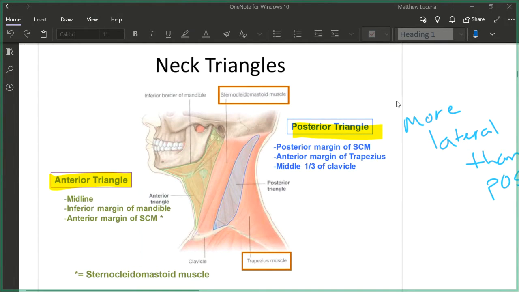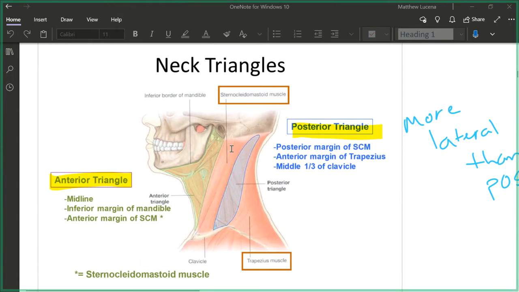Okay. So your anterior triangle and your posterior triangle are mostly separated by the sternocleidomastoid muscle, your SCM. What's important about your SCM is that it's the only other muscle innervated by cranial nerve 11, along with the trapezius back here. So your sternocleidomastoid separates the anterior and posterior triangles.